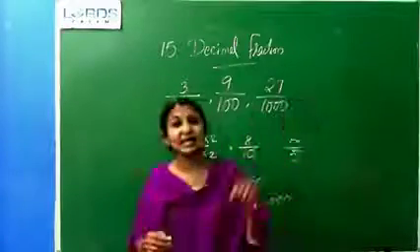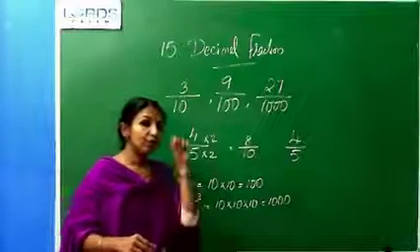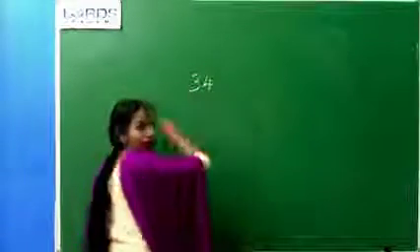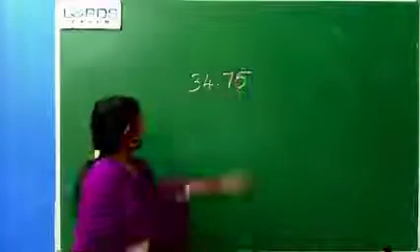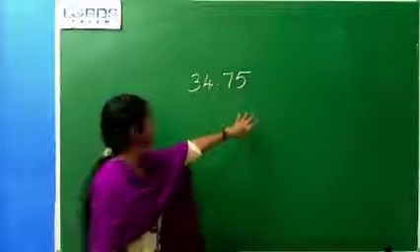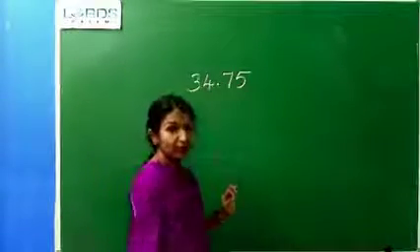And when we are saying it as decimal, we put a point in between them. For example, 34.75. So in between, a point is there. So this is called a decimal. This dot is mentioned as the decimal point.